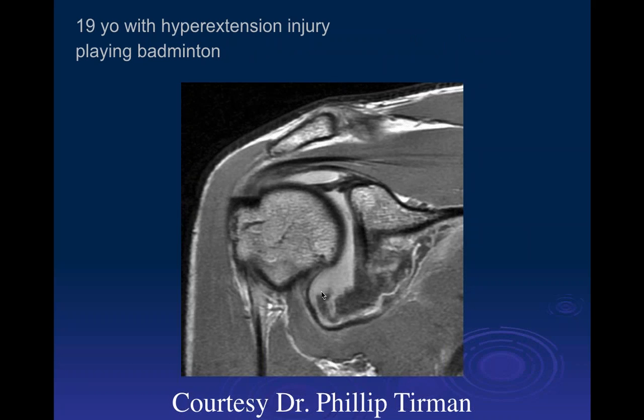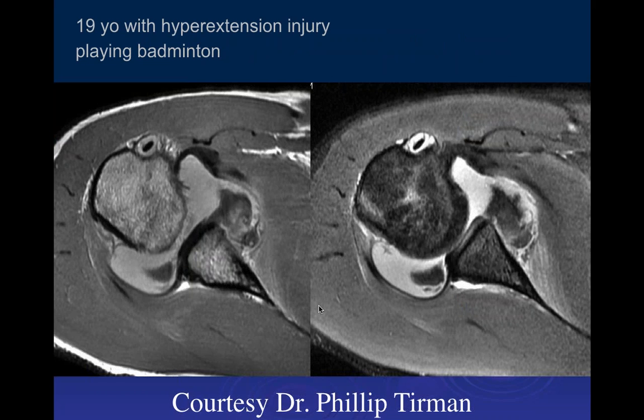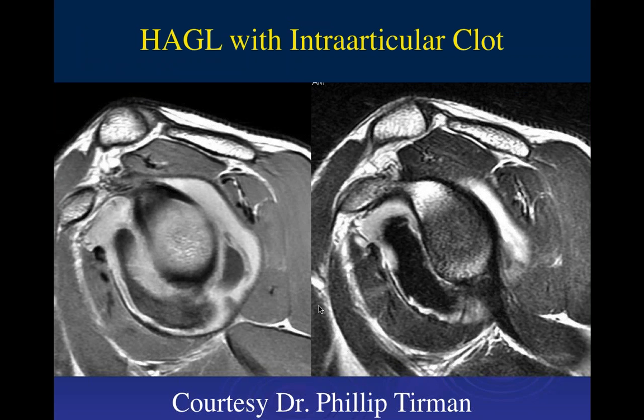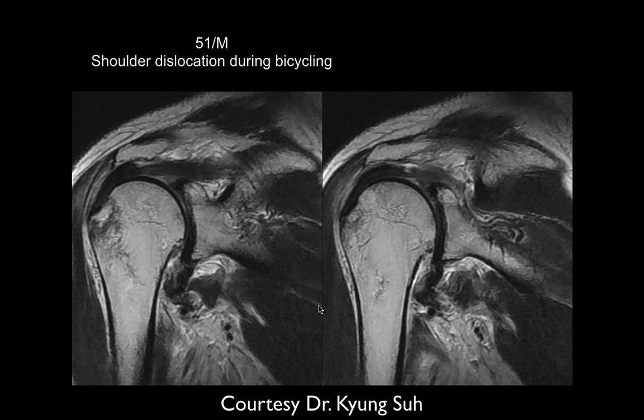Blood. Yeah, there's a HAGL lesion here. So that's where the blood is coming in, and then it can clot. Yeah, well, this was all blood clot, and so the capsule was disrupted. Yep, the inferior glenohumeral ligament was torn, with a lot of hemorrhage, and that actually clotted in this case.